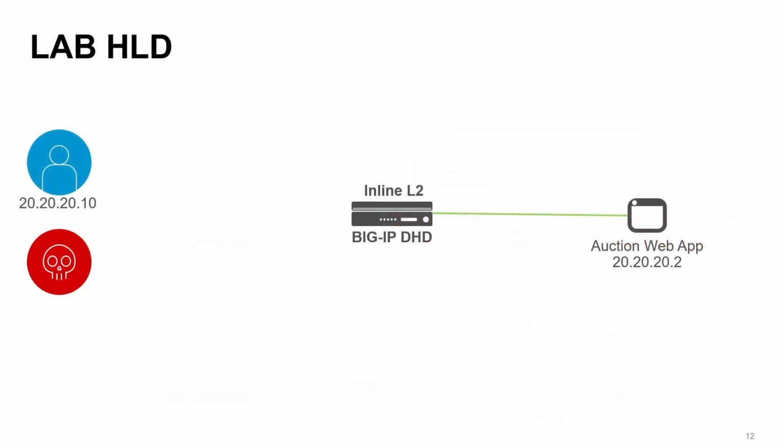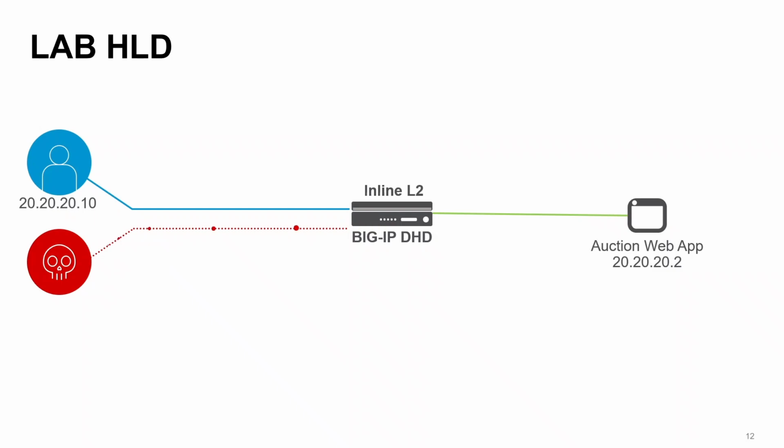In our lab today, here is the lab topology. We have a client machine, and the IP address of the machine is 20.20.20.10. We are going to use a Kali Linux as an attacking machine, and we are going to use the hping tool to generate simple DDoS attacks. We have our F5 BIG-IP DHD.